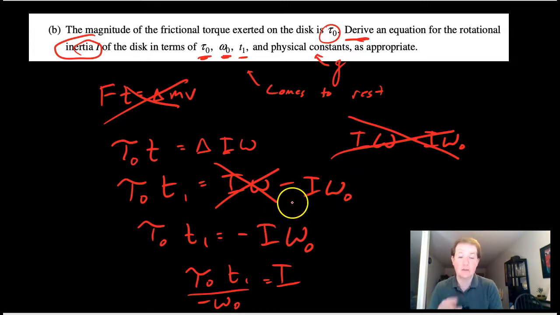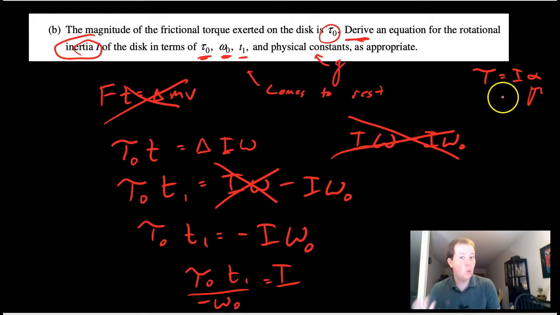I'm going to keep my timer running, but you could have used a constant acceleration equation, right? You could use that in combination with Newton's second law, because you know that tau is equal to I alpha. And then if you plug in that for acceleration, you could probably get the same answer.